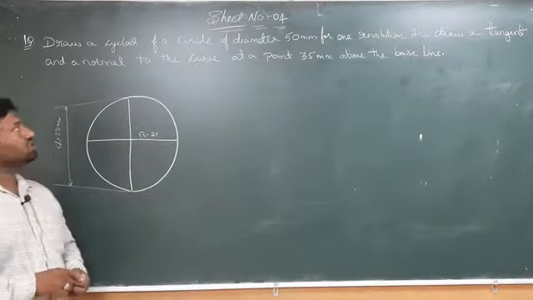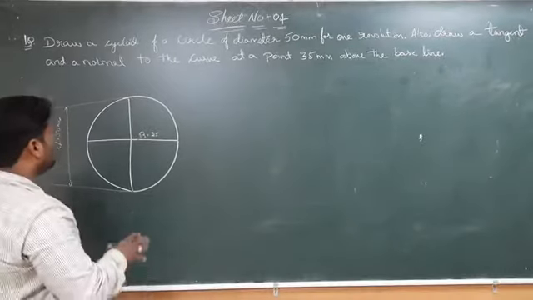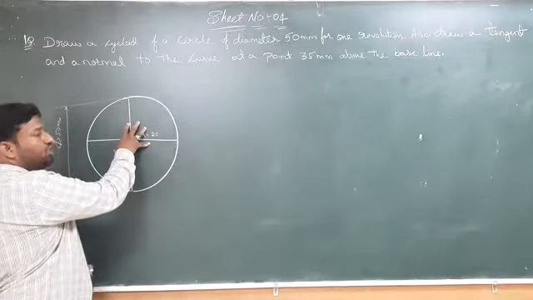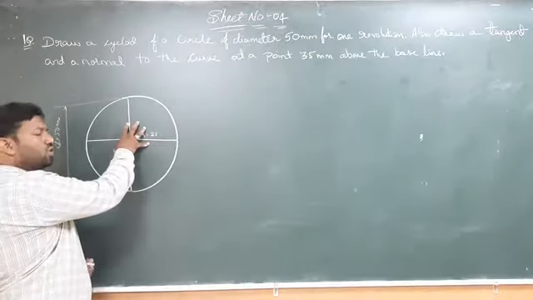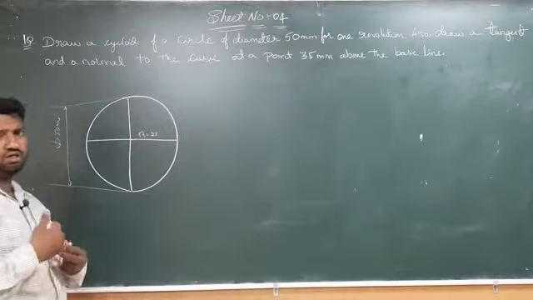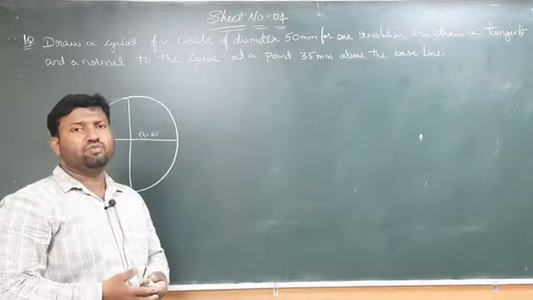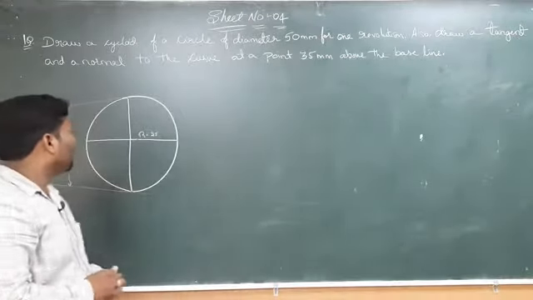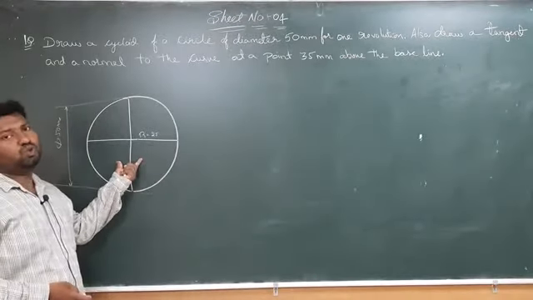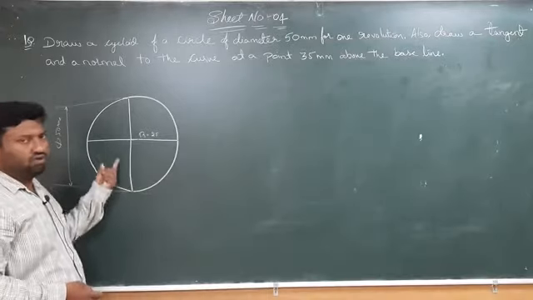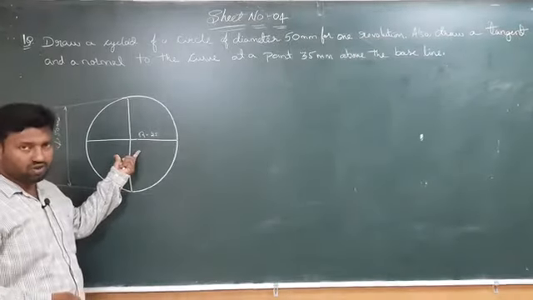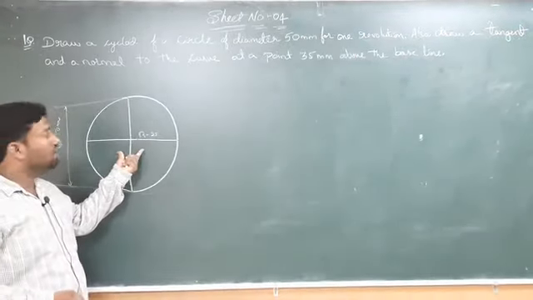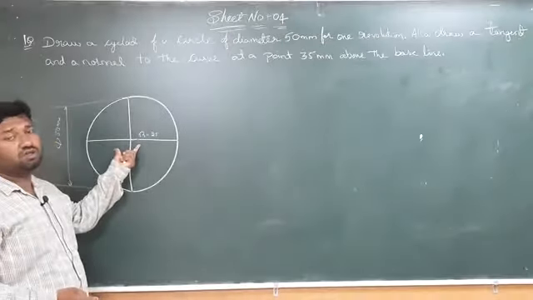To draw the cycloid, we have to divide this circle into 8 equal parts or 12 equal parts. To get a neat and clean diagram with a smooth curve, we will divide the circle into 12 equal parts.